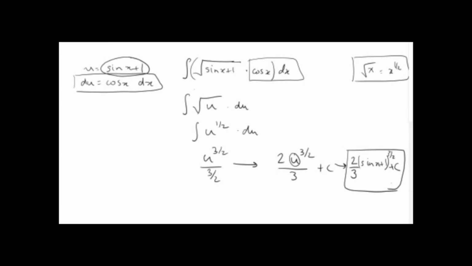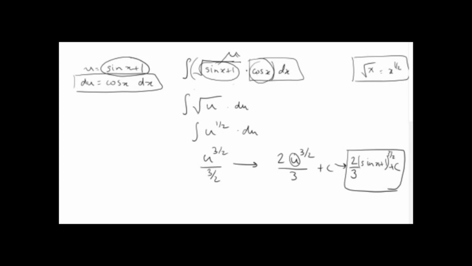What can happen is you can have a much more difficult equation to work with, but the only thing you need to know is that as long as you can identify the derivatives in the function, let's say here, sine x plus 1, the derivative of that would just be cosine anyway, so you know that you have to use that as a u. You have to use sine x plus 1 as a u, right?